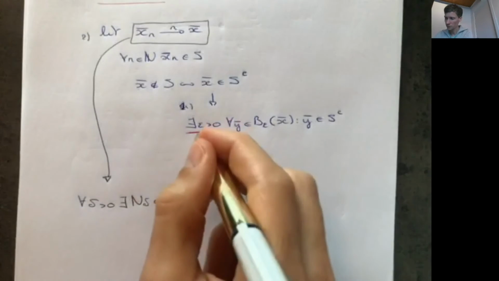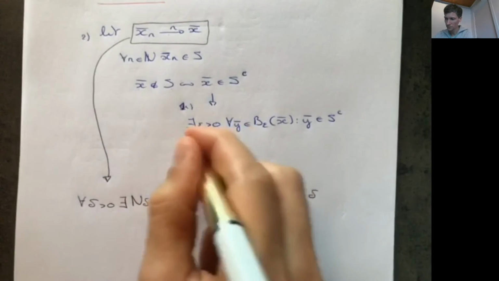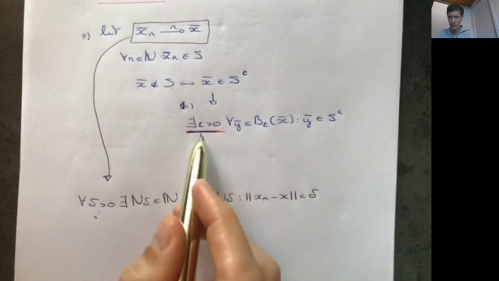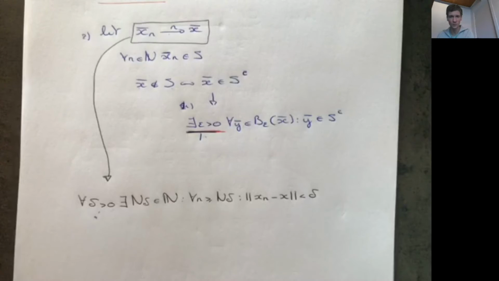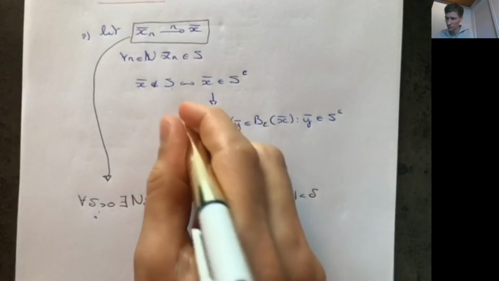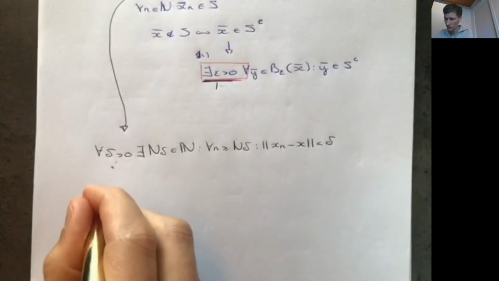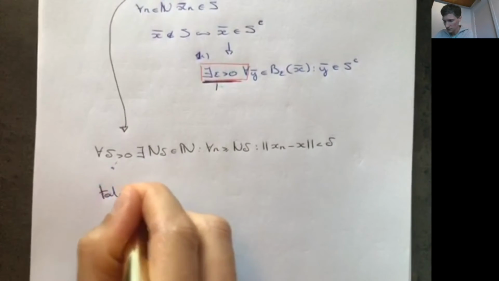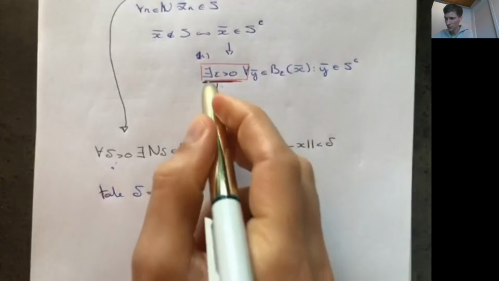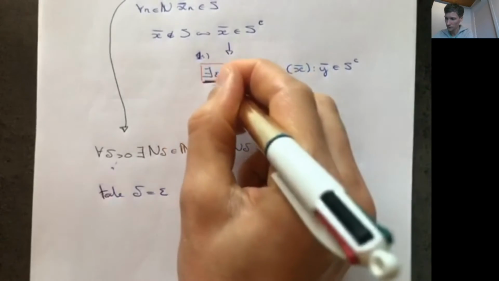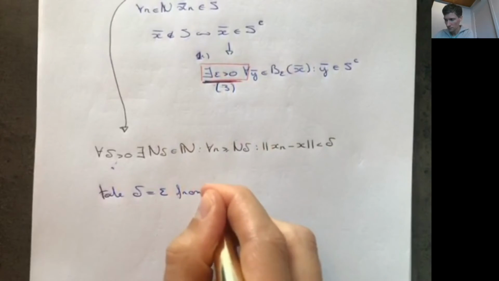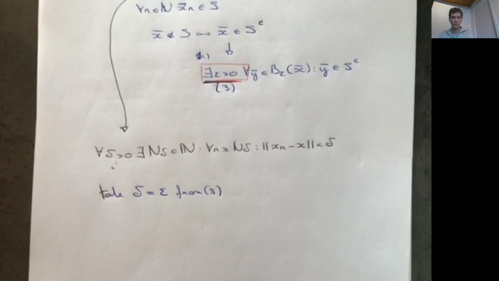So this holds for all delta. Let us take delta equal to the epsilon that we have found here. Call this 3. Take delta to be equal to epsilon from 3.